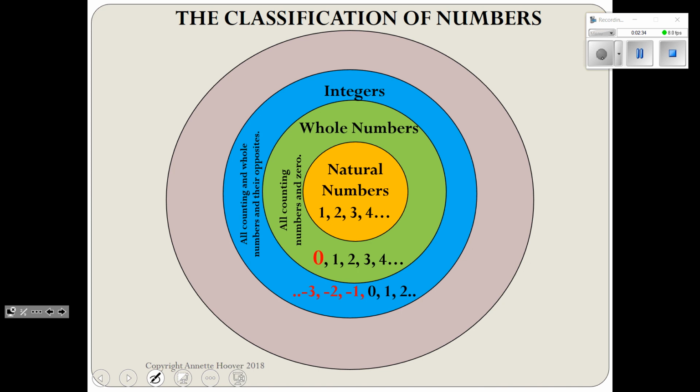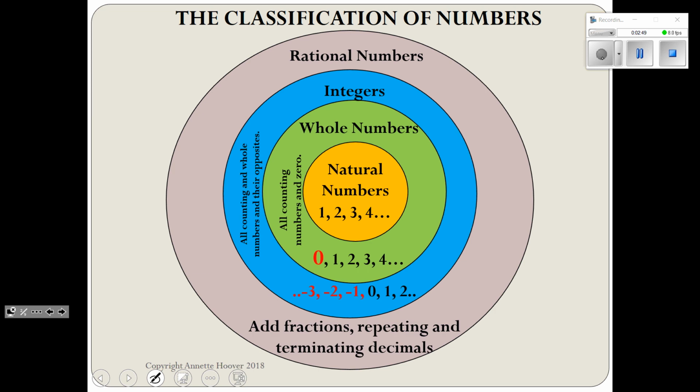The next group of numbers includes everything before. That's why the circle is encompassing all of those other groups. It's all whole numbers, all integers, and now we're going to add something called fractions and repeating and terminating decimals. And these are rational numbers.